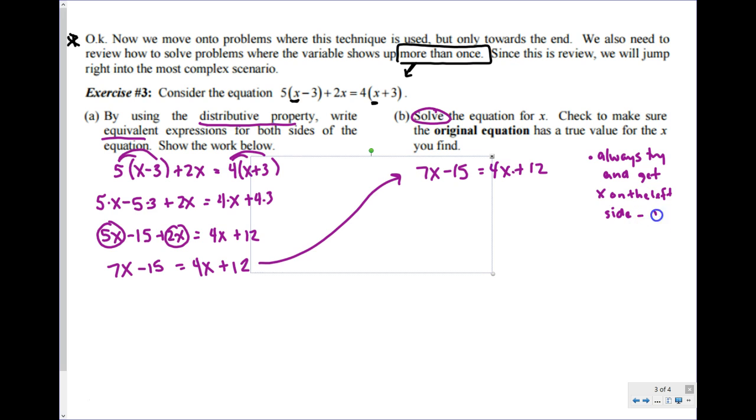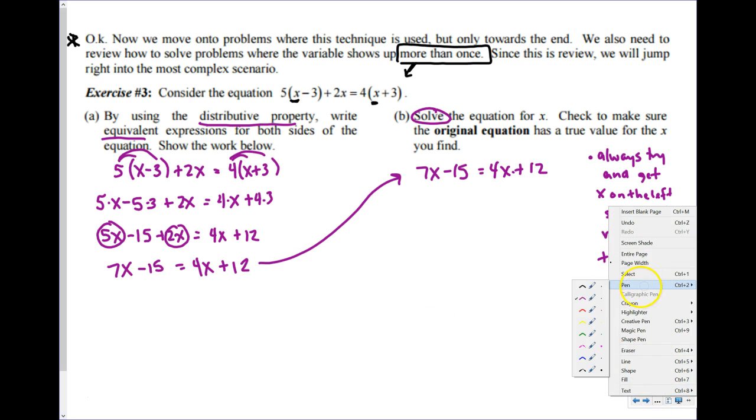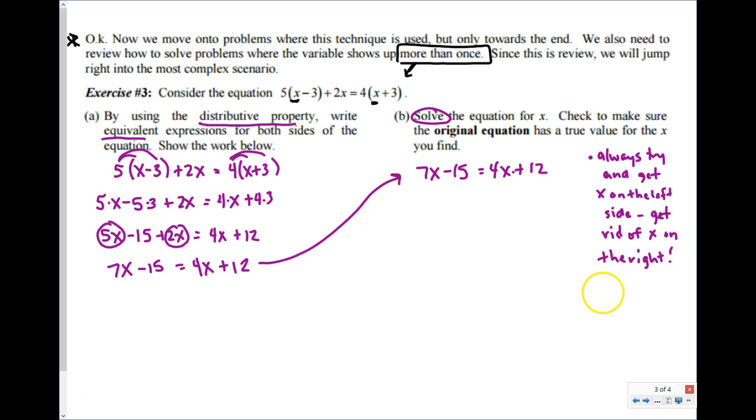So this means get rid of x on the right. Okay, so always try and get x on the left side, get rid of x on the right. So this equation has a 4x on the right.